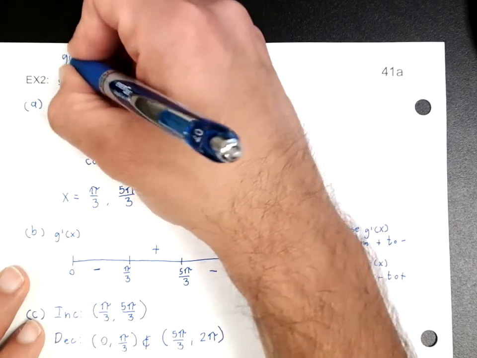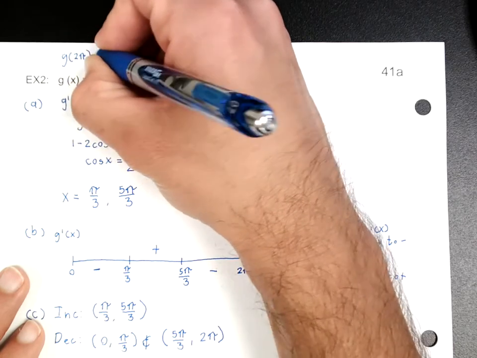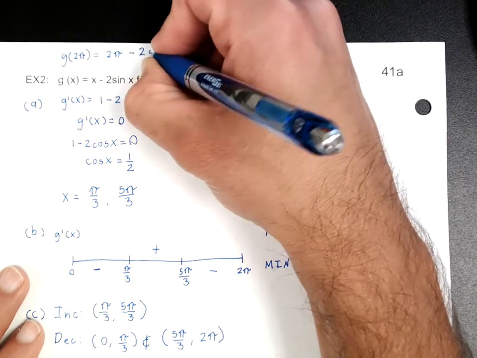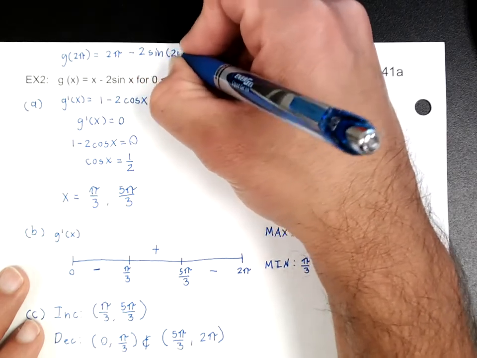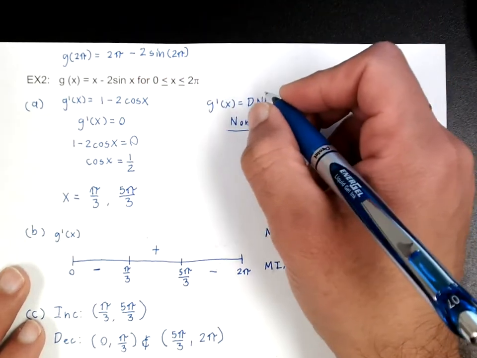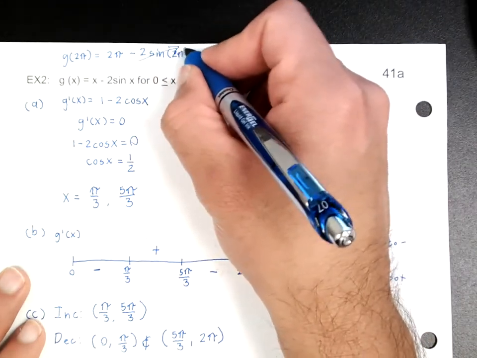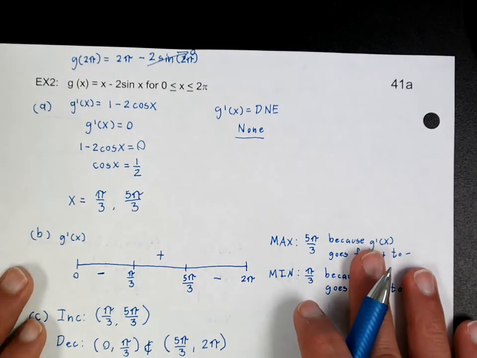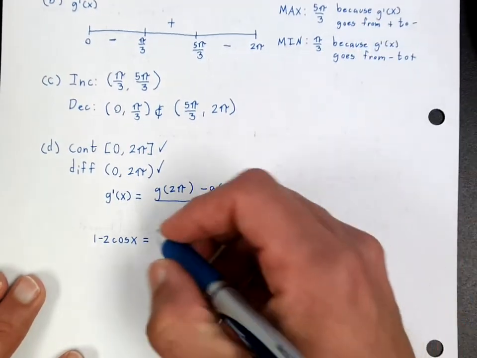May write it over here just once. G of 2 pi will be 2 pi minus 2 sine of 2 pi. Now hopefully you know that the sine of 2 pi is 0. So all of this is 0. So that's just going to be 2 pi. So g of 2 pi is just going to be 2 pi.